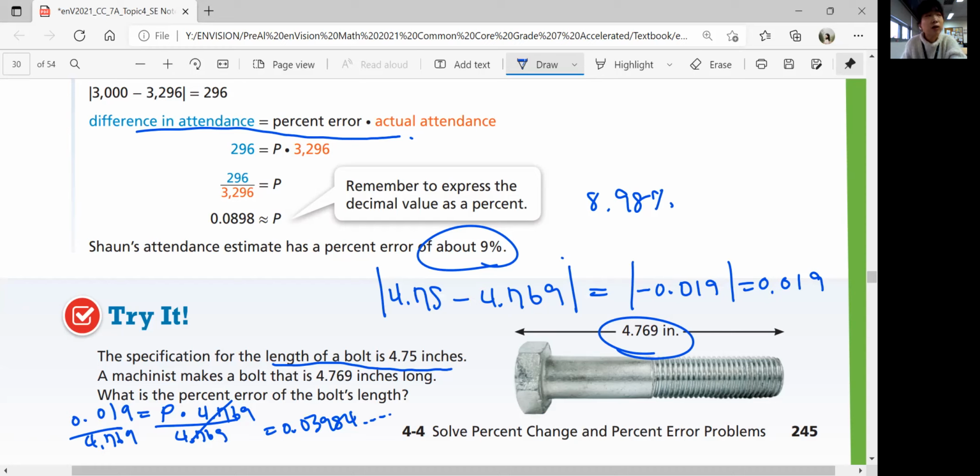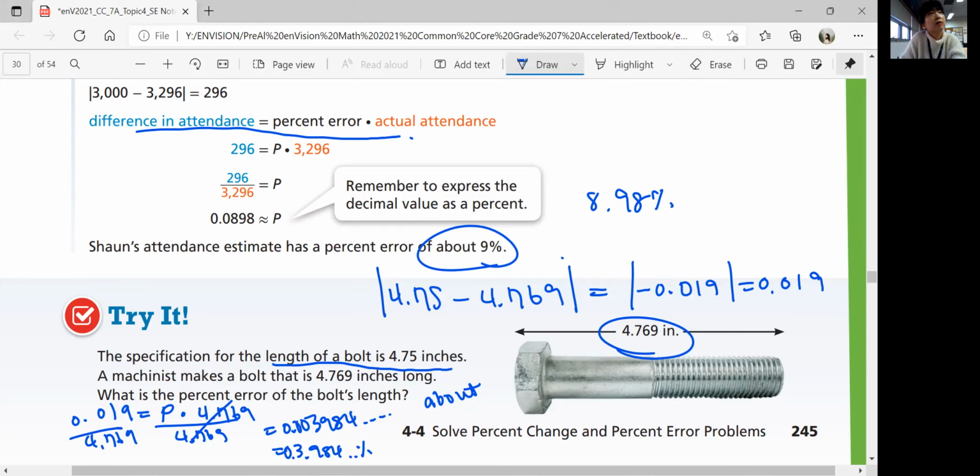So multiply that by 100, it's going to be 3.984... Sorry, I'm checking my math. 0.019 divided by 4.769 is actually 0.00398.